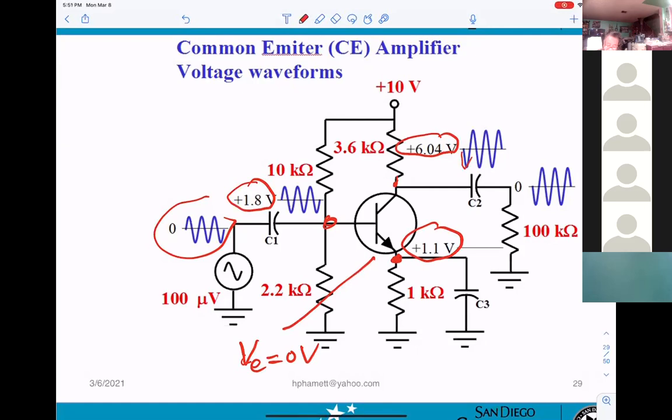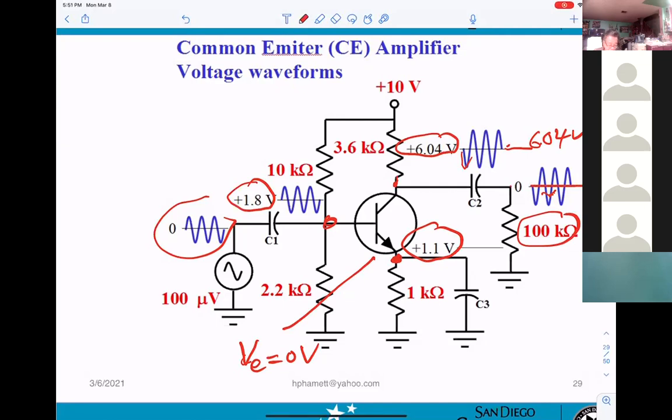When it goes out to the load here, capacitor C2 blocks the 6.04 volt DC. Your voice will go through only sideways. So that's why in here, if you're looking on the scope, you can see right here 6.04. However, at the output here, this must be 0.